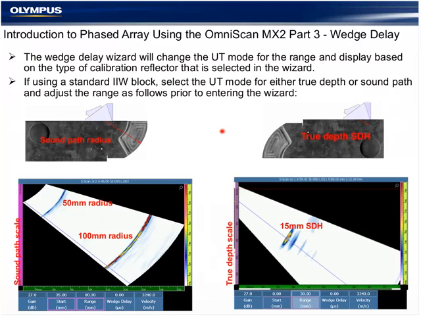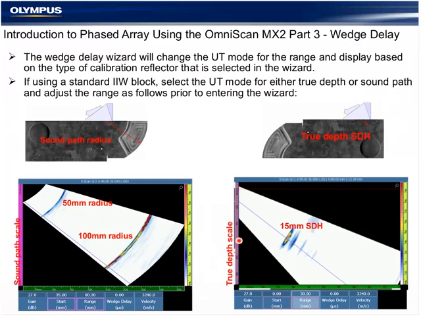The wedge delay wizard will change the UT mode for the range and display based on the type of calibration reflector that was selected in the wizard. So in this radius inspection, we'll see a sound path, and in the true depth, we will see a true depth.